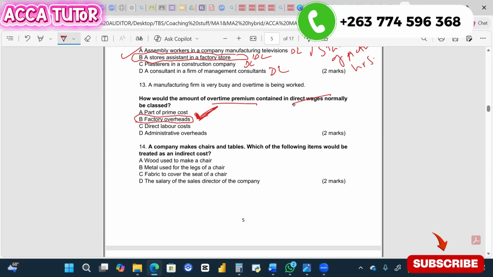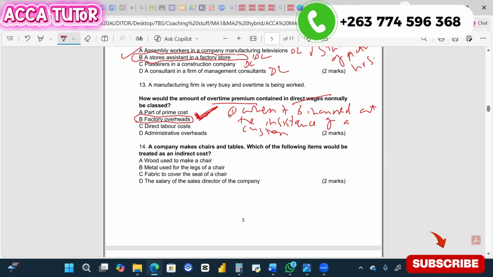But sometimes overtime premium is part of direct costs, I mean direct labor. But what are those circumstances? One, when it is incurred at the insistence of a customer.